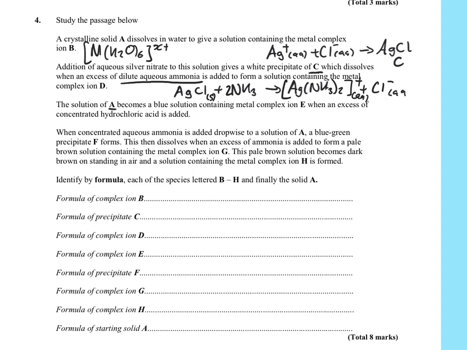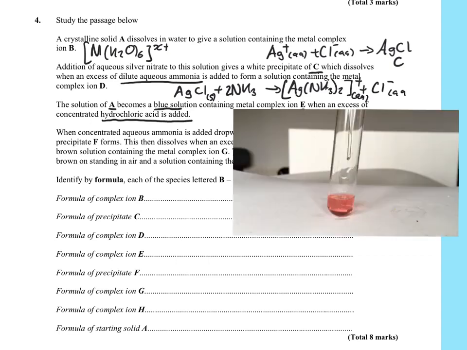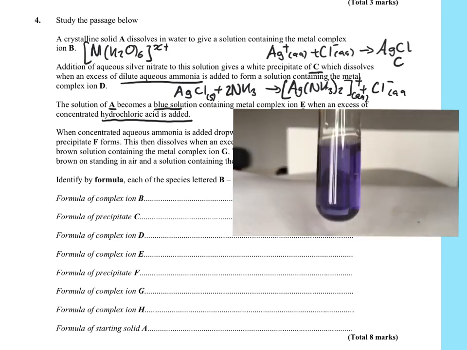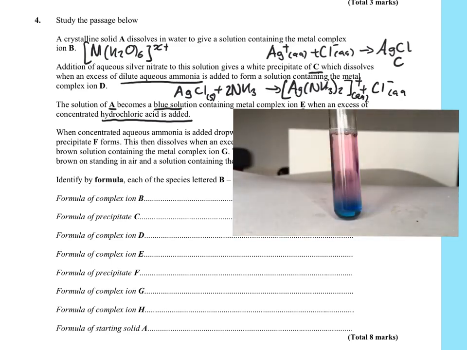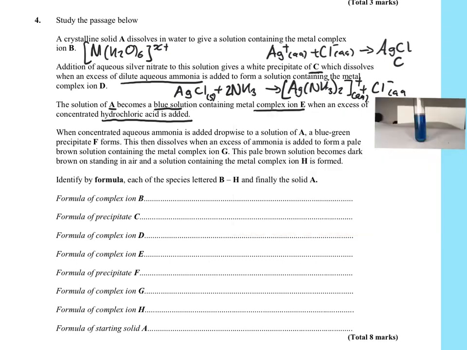The solution of A becomes blue, containing metal complex E, when excess concentrated hydrochloric acid is added. We know that the only complex that is blue when concentrated hydrochloric acid is added is this one here. That is pink cobalt going to this beautiful blue cobalt solution here. Let's fill in our answers so far.